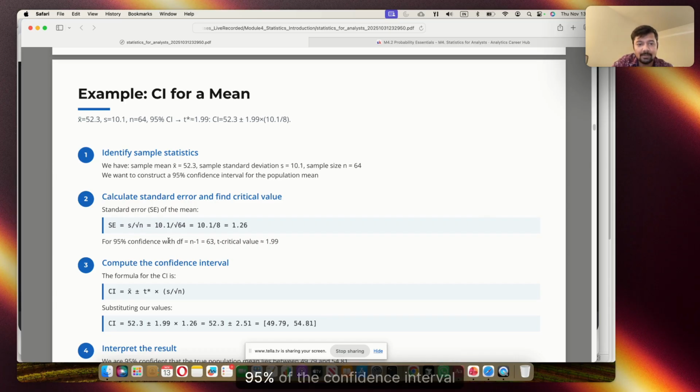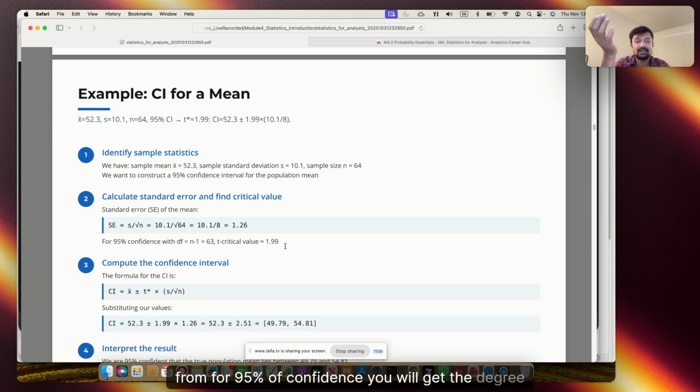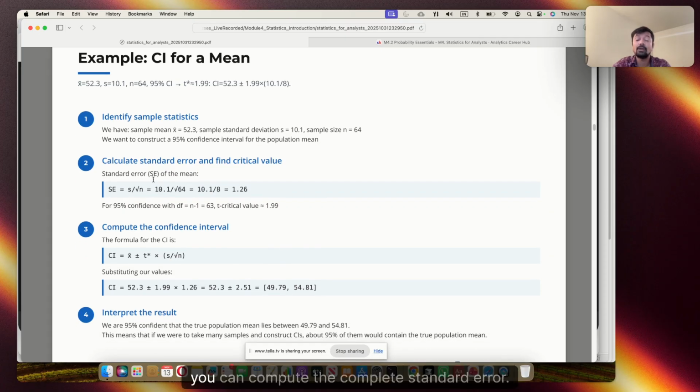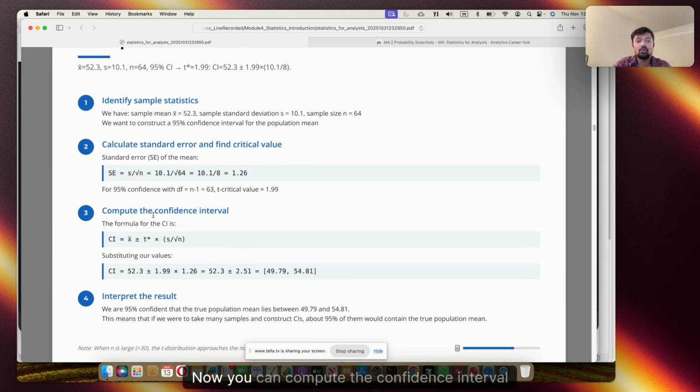Now for the 95% confidence interval, you define df, which is n minus 1, which is 63, and your t critical value is 1.99. Using the degrees of freedom, the critical value, and the standard error, you can compute the margin of error. Now you can compute the confidence interval using x-bar, the t critical value you have computed, the standard deviation, and the sample size.